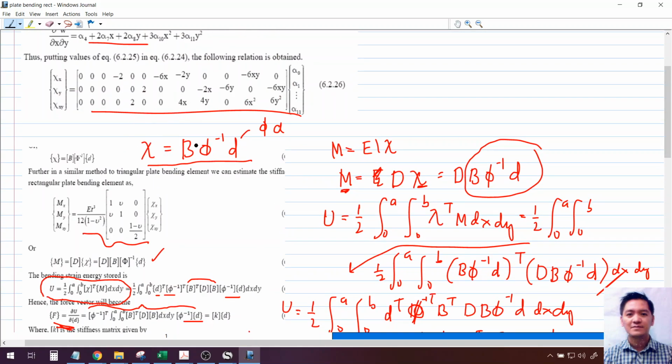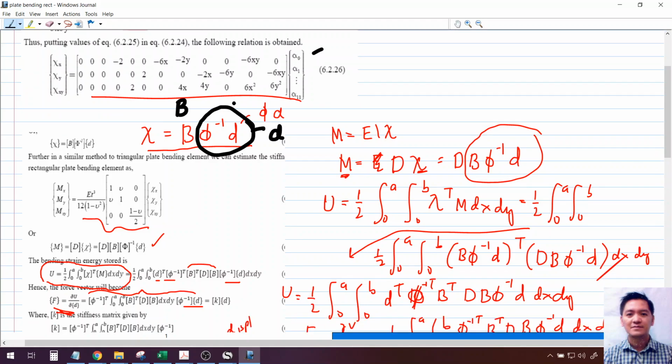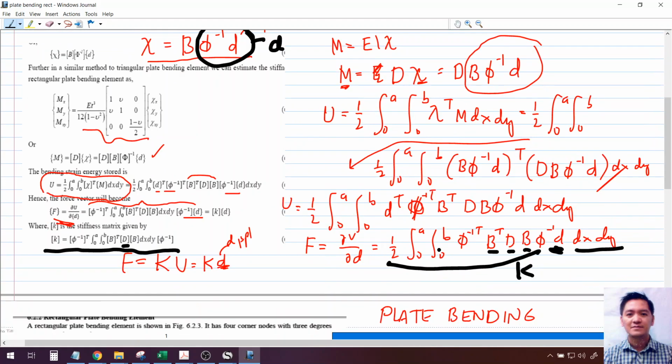This is your B, because alpha is phi inverse D. Now, this is your alpha. So, hindi siya constant, kaya siya yung kasama mo sa integration here.